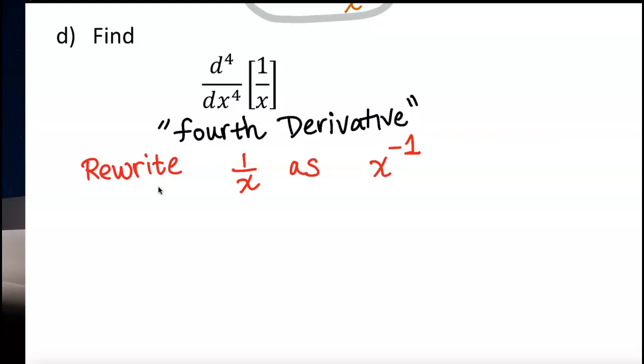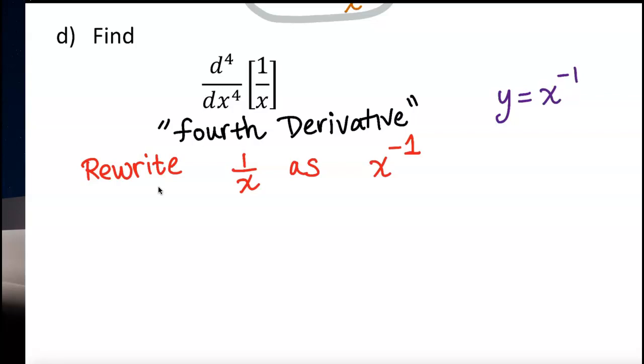So what is the first derivative? To make this a little bit easier, how about we give this expression a name? I'm going to call this one y. I'll say y is equal to x to the negative first power, and I will find the fourth derivative of this.